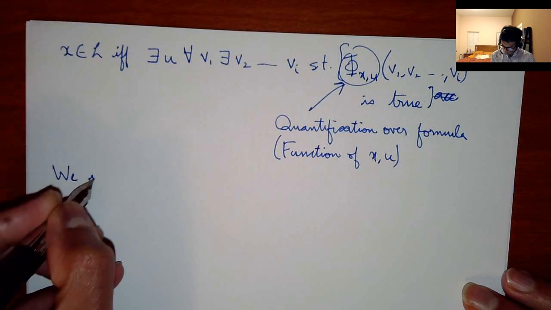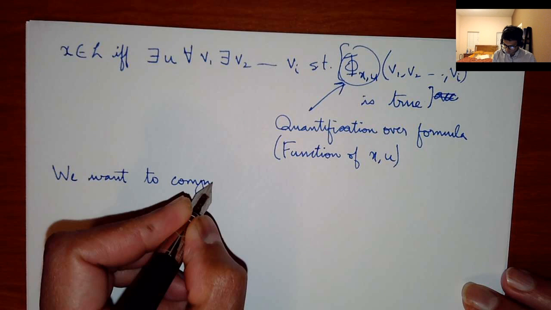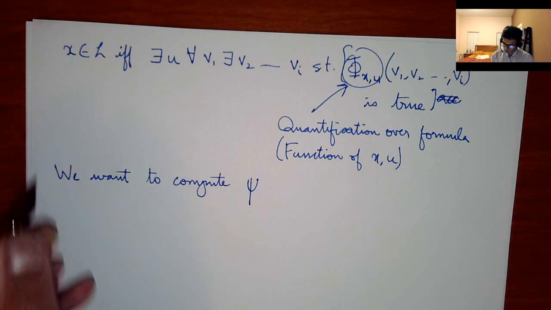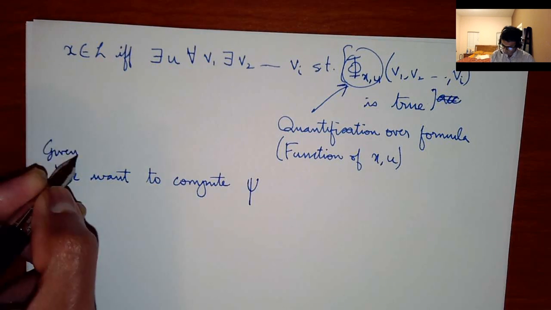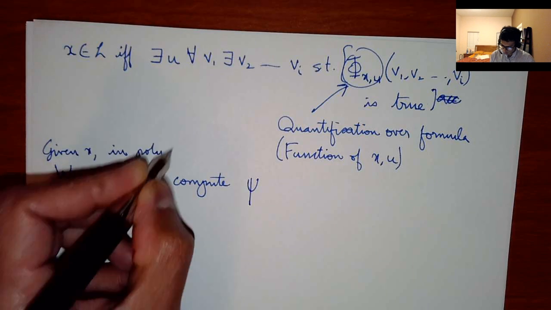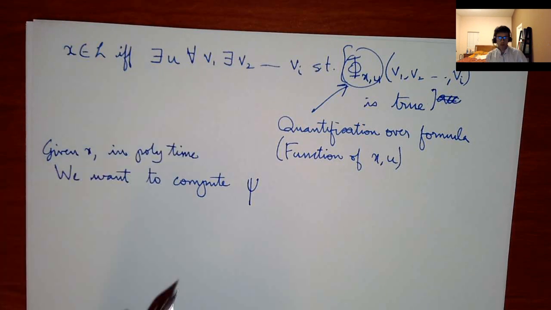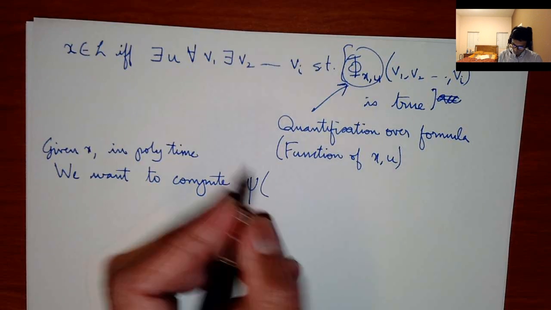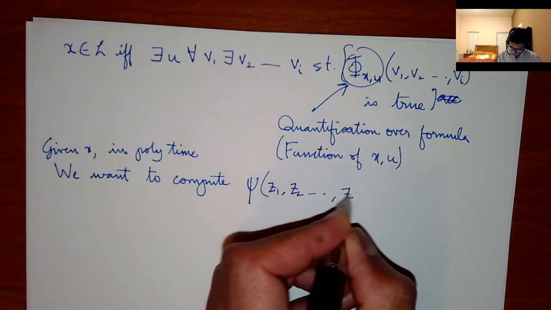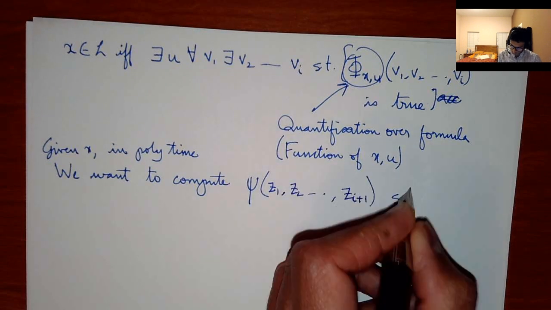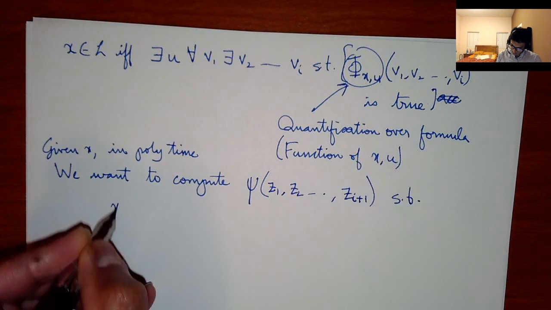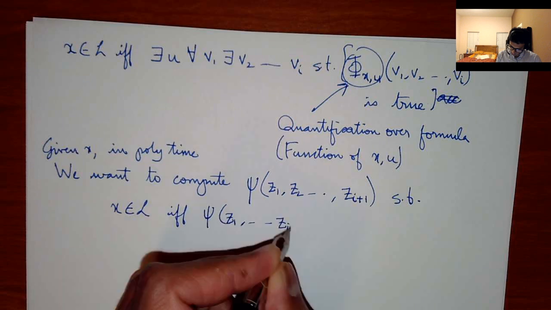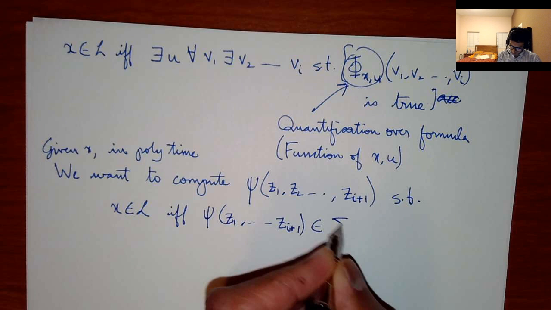We want to compute a formula C. So given x in poly time, we want to compute some C, and C is going to have variables z1, z2 up to z(i+1), such that x is in L if and only if C of z1 through z(i+1) is in sigma I sat.